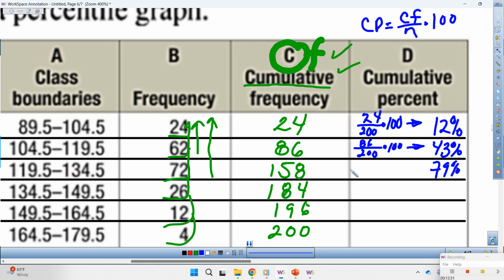And of course, you did 158 divided by 200 times 100. Cole.